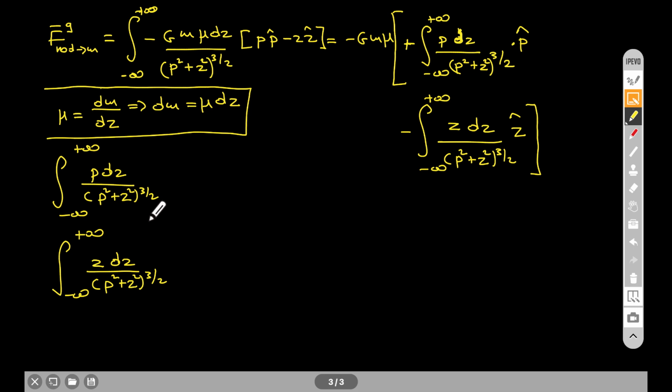Or if you're familiar with Mathematica, Mathematica can do some integration for you, and then you just use the result here. Whichever way you choose is fine with me. Now this is going to give you the gravitational force from the rod on the mass. Now this force, I want to talk about one more thing.